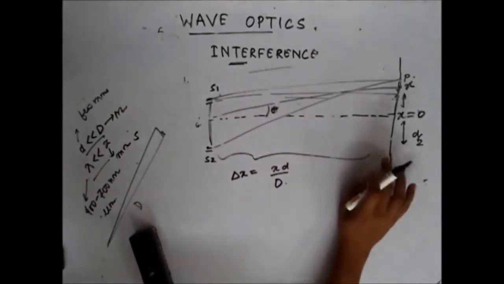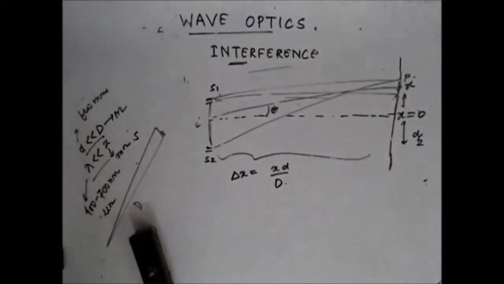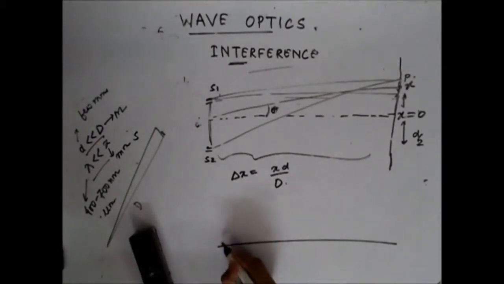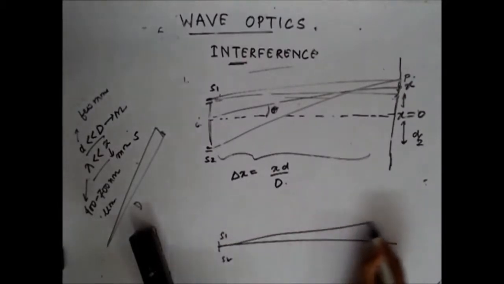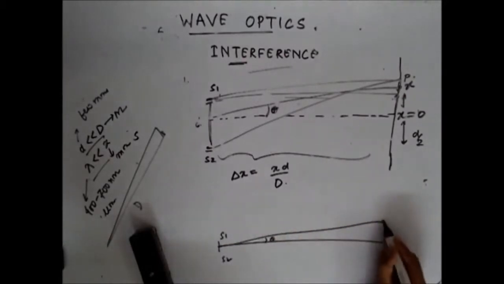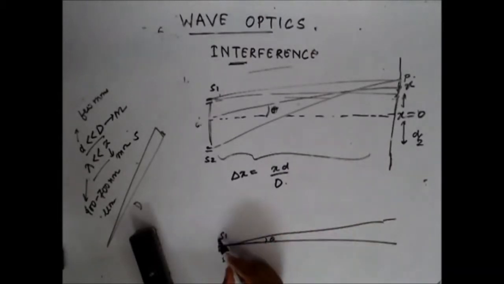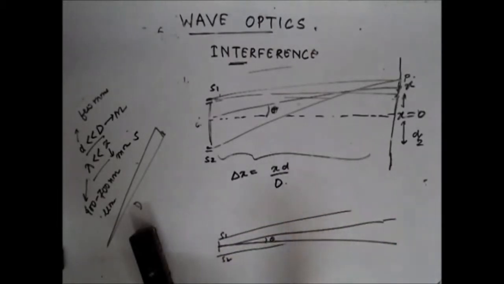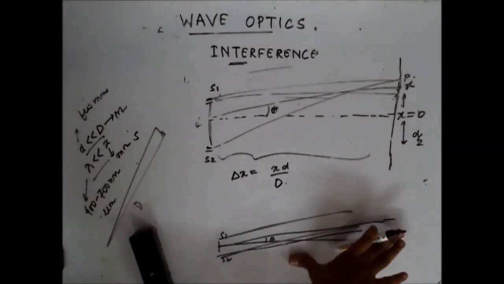So since this distance is very large, we can assume s1 and s2 and this angle is theta. Now since this distance is very large, we can assume that this wave and this wave are parallel. This line and this line are parallel because this distance is very large.